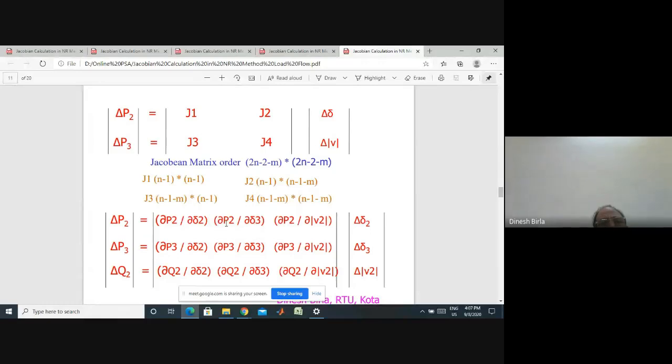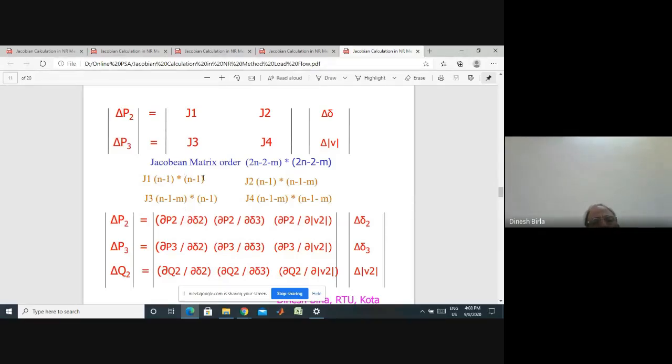So to explain it, how many active powers will be there? There will be active powers corresponding to all buses except the slack bus. So if the number of buses is 3, only the slack bus active power is not there.